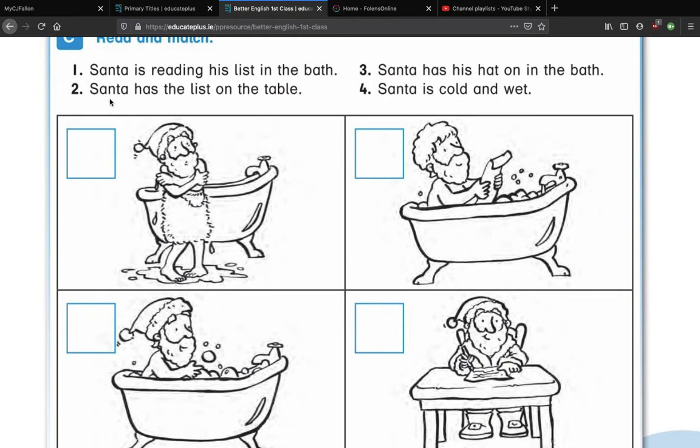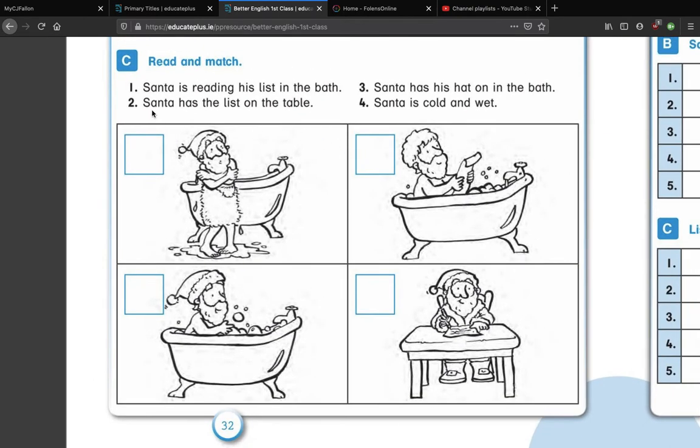Number 2, Santa has the list on the table. Number 3, Santa has his hat on in the bath. And number 4, Santa is cold and wet. Okay, so fill in those ones with sentences 1, 2, 3, or 4.